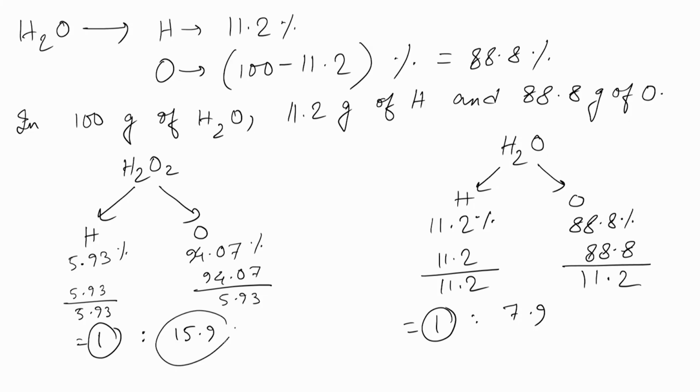Now, we can find out the ratio between the masses of oxygen, right? So, then the ratio mass of oxygen in 1 to mass of oxygen in 2 is equal to 15.9 is to 7.9.